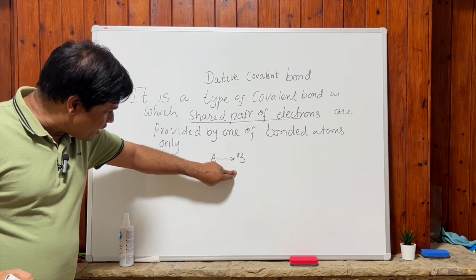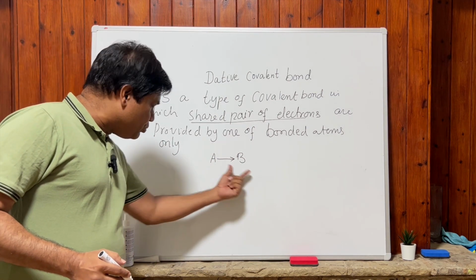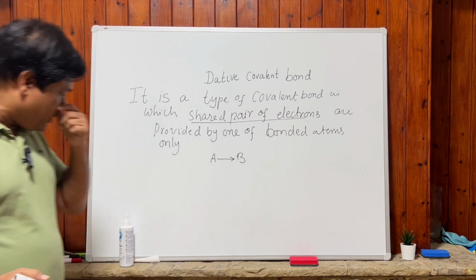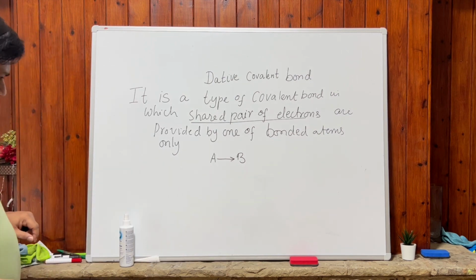This arrow represents movement or donation of electrons from A to B. A contains a lone pair of electrons.